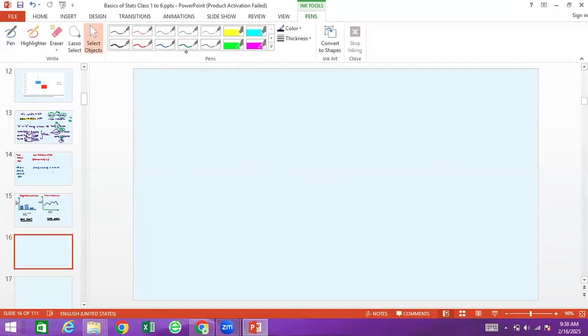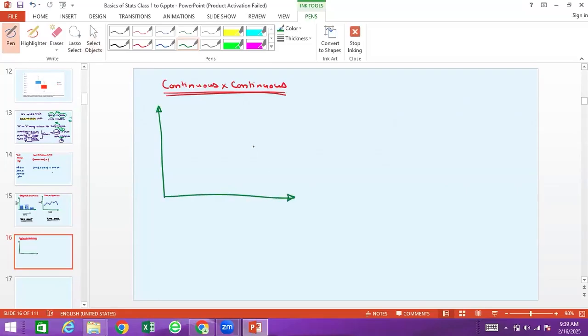Okay, now the other type can be continuous versus continuous. One variable is a continuous variable, another variable is also continuous. In this case, what kind of chart will we be creating?